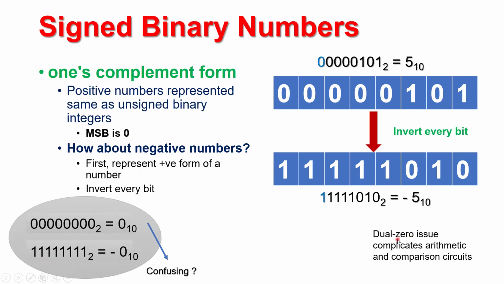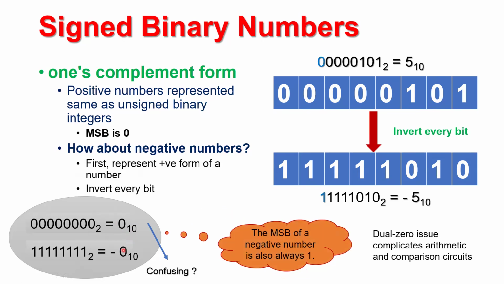This dual 0 issue complicates the arithmetic and comparison circuits when you build them in digital design. And then you need a custom circuit to address this issue and to distinguish between the positive 0 and the negative 0.